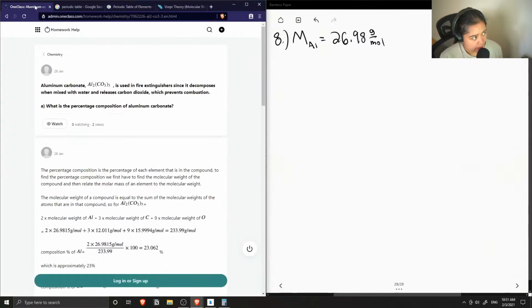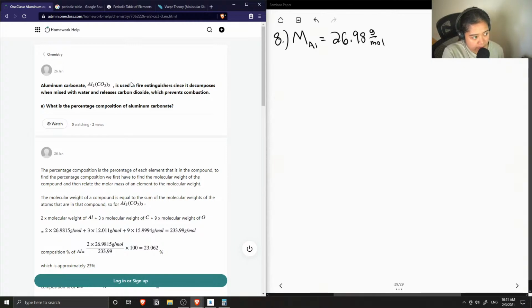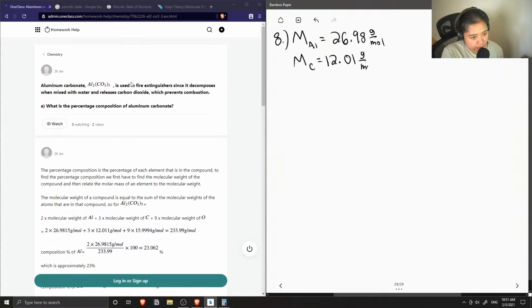And we also need the molar mass of carbon and oxygen. So the molar mass of carbon is 12.01 grams per mole, and the molar mass of oxygen is around 16 grams per mole.